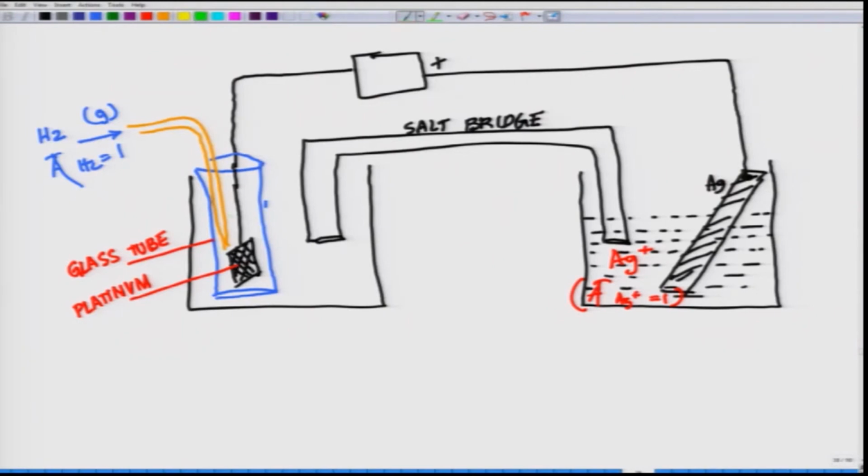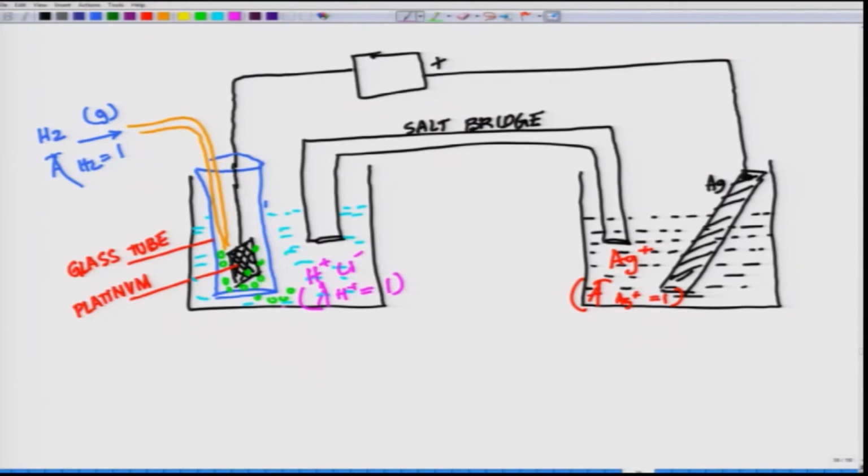I am showing the hydrogen with the green bubbles, and the solution on this side is HCl with an activity of again unity, where the activity of H plus is equal to 1.